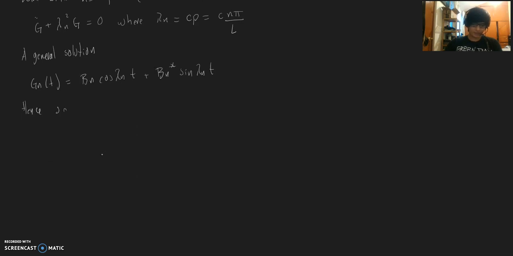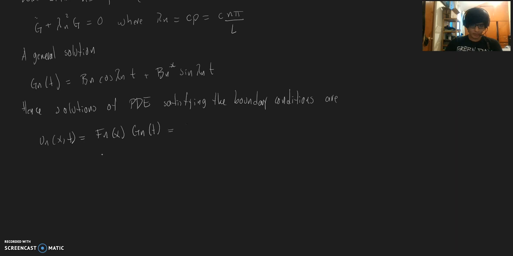Hence, solutions of the PDE satisfying the boundary conditions must be of the form u n of x, t is equal to f n of x times g n of t, or written in another way, u n of x, t is equal to Bn cosine of lambda n t plus Bn star sine of lambda n t times sine of n pi over L times x, where n goes from 1 and so on.